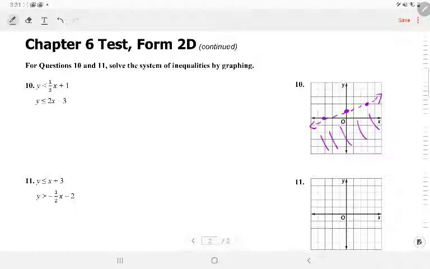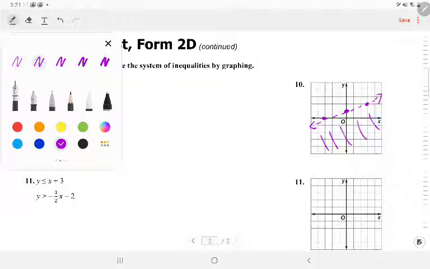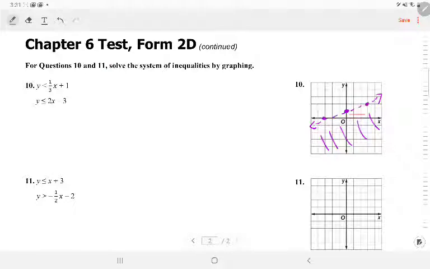Now the next one is going to cross at negative 3. 1, 2, 3. Let's change colors. Let's go red. 1, 2, 3. We go right here. It has a slope of 2. And it's going to be a solid line.